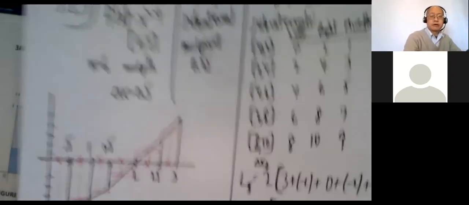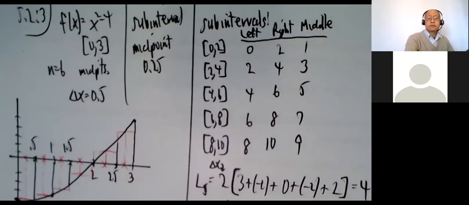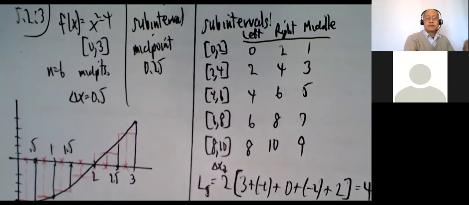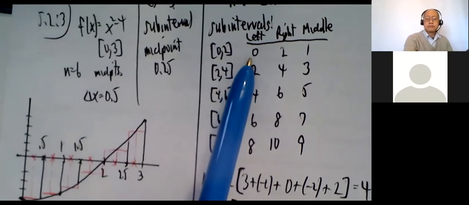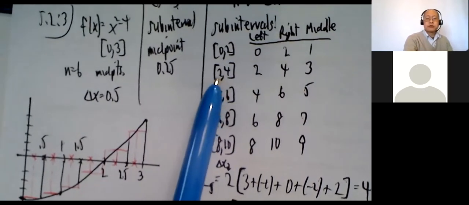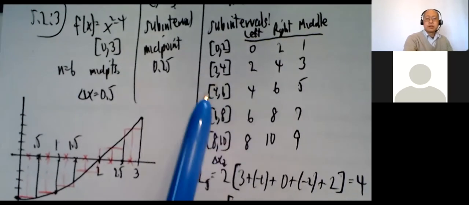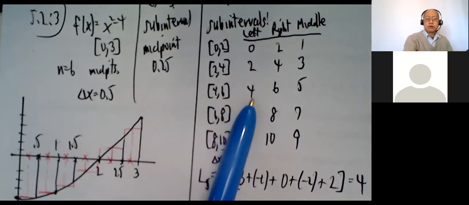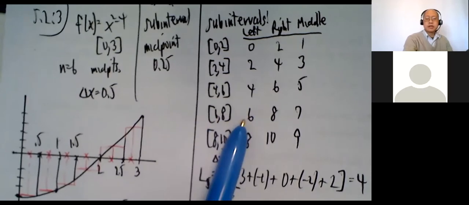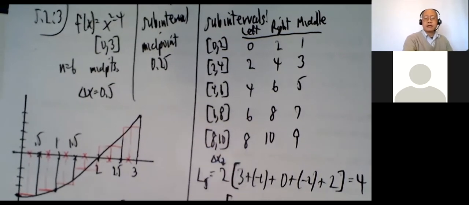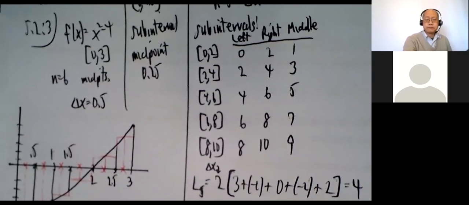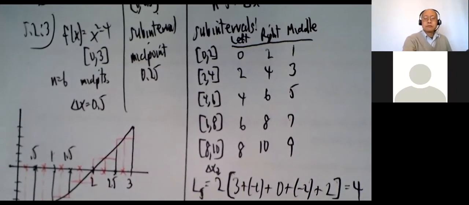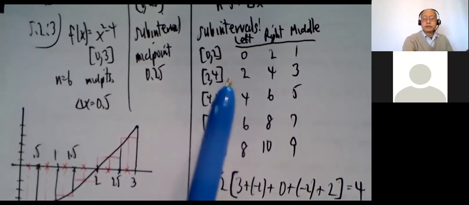So I made a little table here. Left endpoint. What's the left endpoint between 0 and 2? 0. Between 2 and 4, 2. Between 4 and 6, 4. Between 6 and 8, 6. Between 8 and 10, 8. Those are the left endpoints, right? Right endpoints.